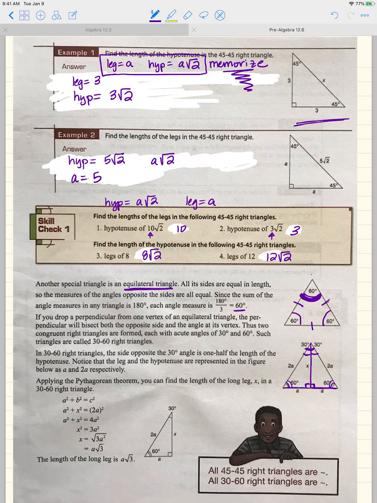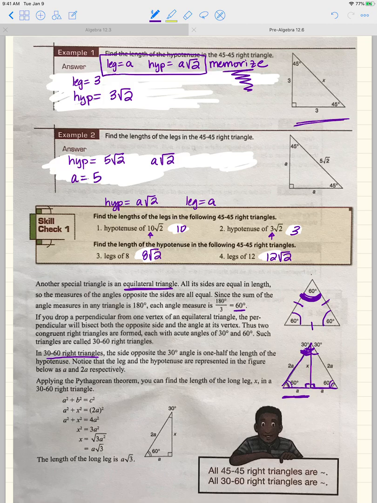In 30-60-90 right triangles, the side opposite the 30-degree angle, this right here, is 1/2 of the length of the hypotenuse. Where's the hypotenuse? The hypotenuse is the diagonal from the 90-degree angle.